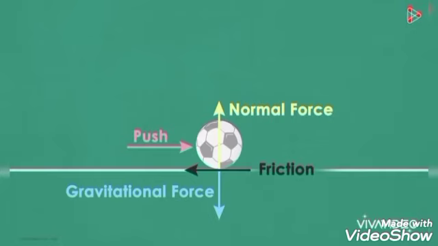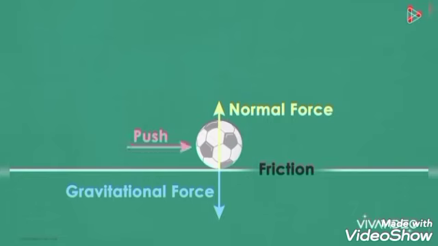So the applied force is not equal to the frictional force. Here we are applying a force on the ball more than the frictional force. So the ball moves. Okay, that is we are pushing the ball more than the frictional force of the ground.